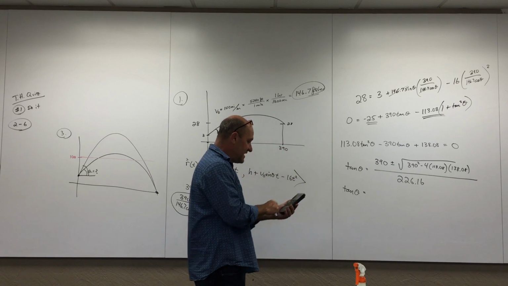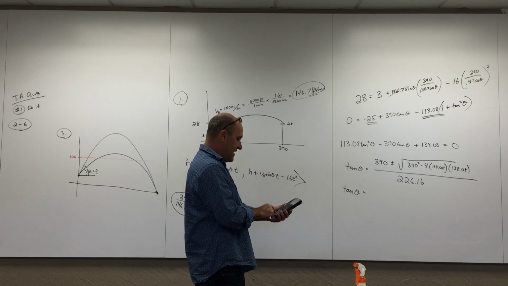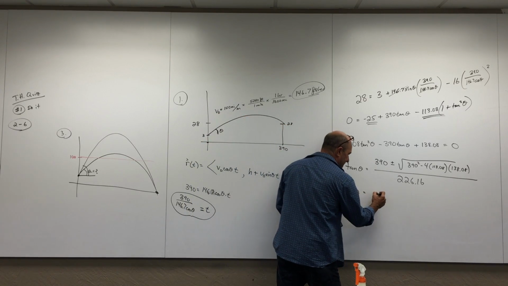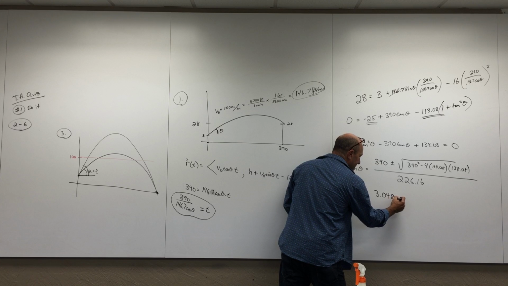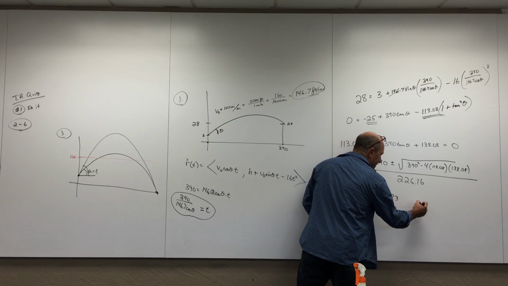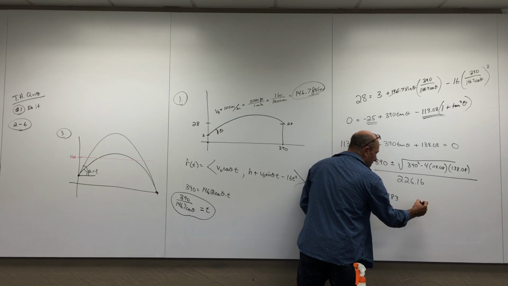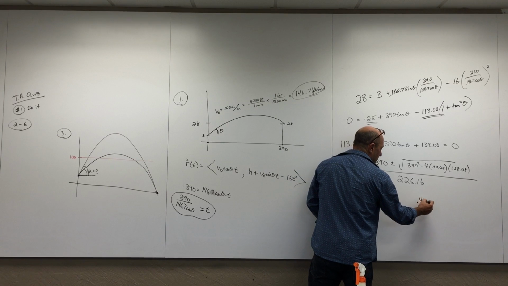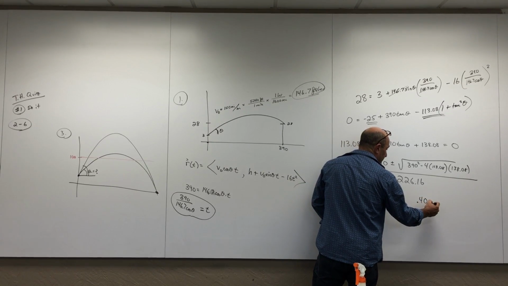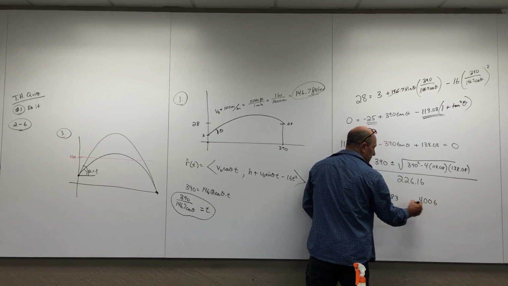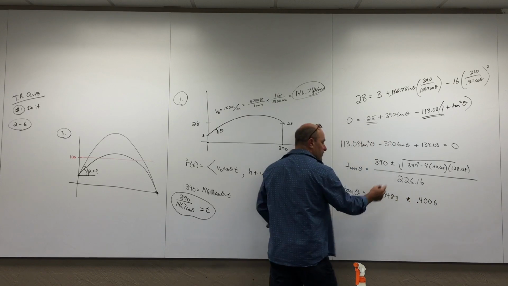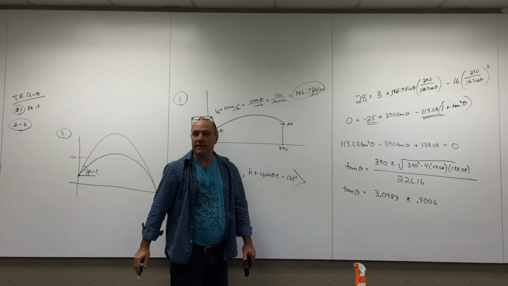This is the tan of theta. I could trust you guys. Yeah, I got 3.04 and 0.04. Okay. Can you give me more decimals? 3.0483. All right. 0.40057. So those are the 2 numbers that are the tan of theta.